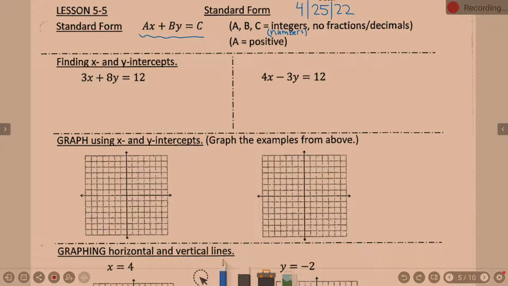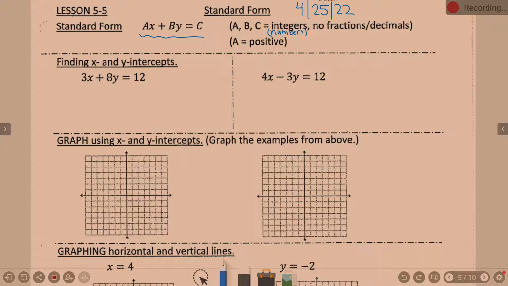What's your graph doing? Crossing. I think you're heading in the right direction, but if it's an x-intercept, the graph is crossing the x-axis. If it's a y-intercept, the graph is crossing the y-axis, right?